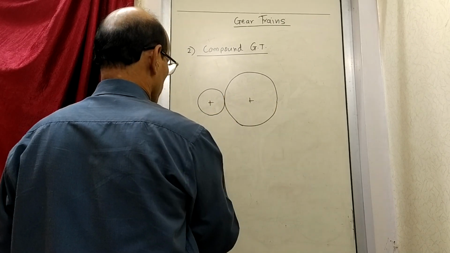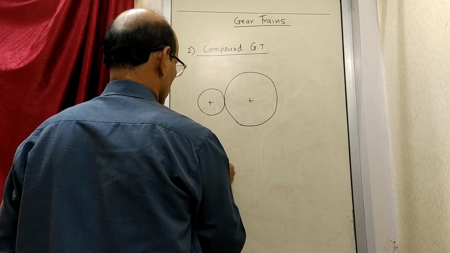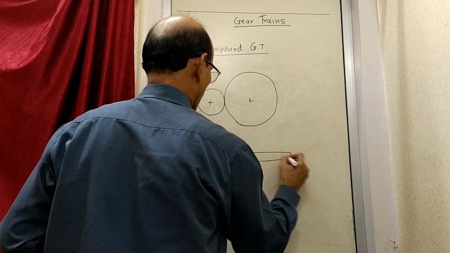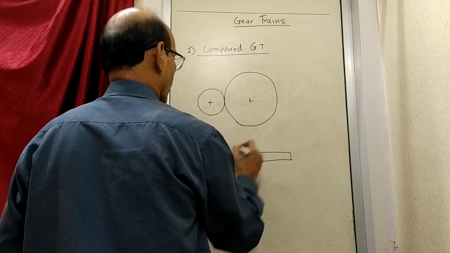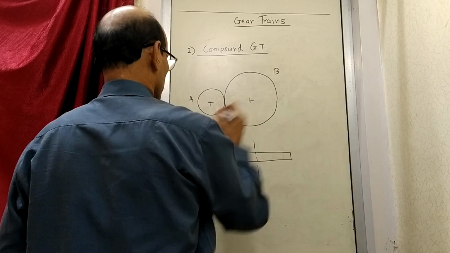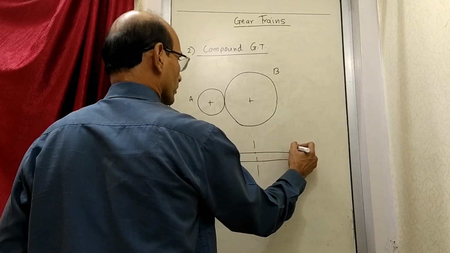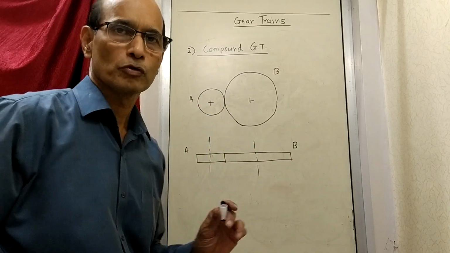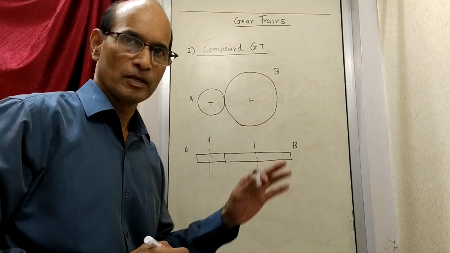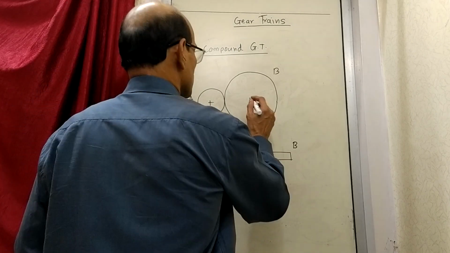We'll draw the other view also. So gear A, gear B, gear A, gear B. So still it is a simple gear train, two gears, two axes. Now there is one more gear, that is gear C, which is here.